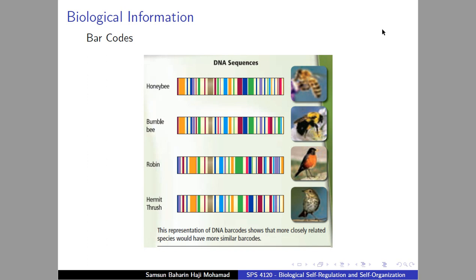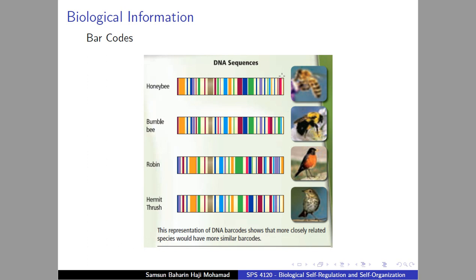In our DNA, the sequence. Imagine that we have the same cell, but because of this DNA sequence, this one here and here, you can see that these are different.